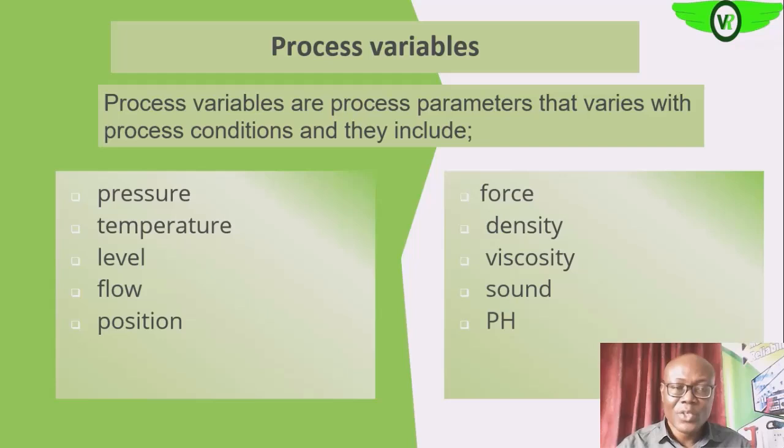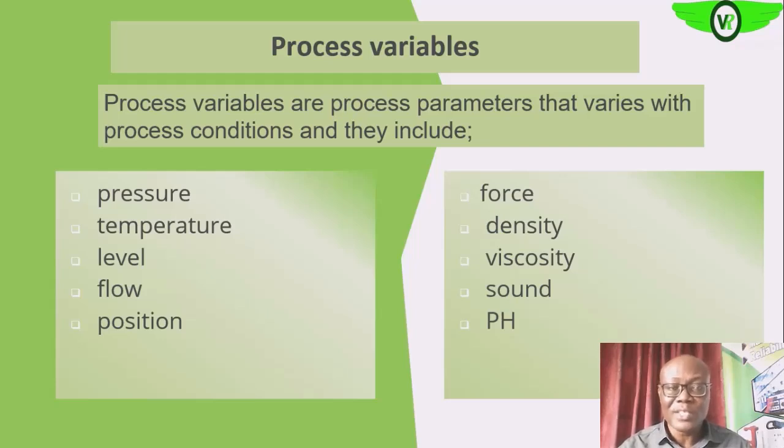We will look at them in a little more detail later, especially the most common process variables: pressure, temperature, level, and flow. It actually depends on the process that you are looking at. Some of these variables in a certain process could be more important than others.